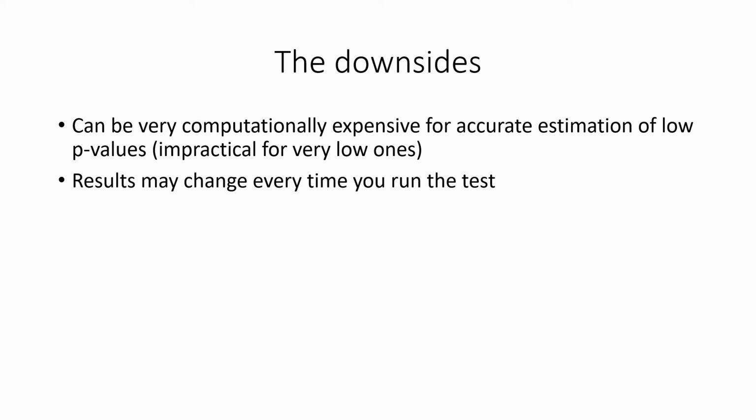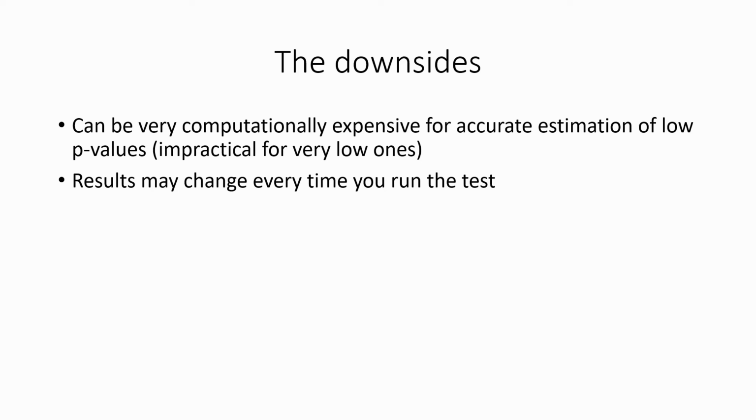But if the true p-value is, let's say, on the order of e to the minus 40, then even if we run it a billion times, we will still get 0 cases in which we get something more extreme. Okay, so we run it 10 to the 9 times and we get 0. And now we don't really know whether the p-value is e to the minus 9 or e to the minus 20 or e to the minus 40. It could be any of them. So all of those p-values would give you 0 results in this case.